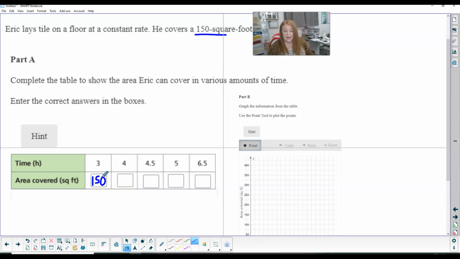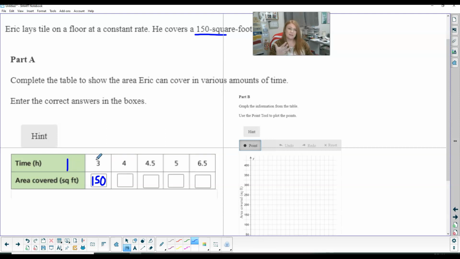So to do the rest of this, what we want to find is how much he can do in 1. Once we know how much Eric can do in 1, the rest of this is pretty simple. So even though it doesn't ask us to do 1, let's find that out anyways. So we want to do 1.